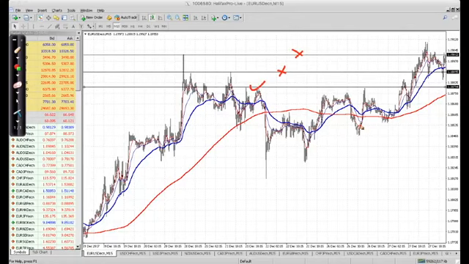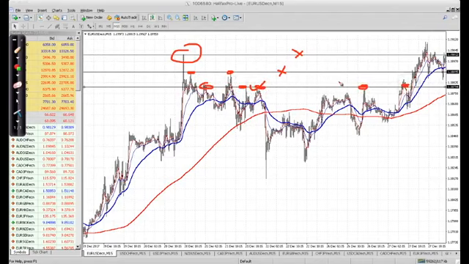I draw the line of best fit. If I draw it here, it only touches once. If I draw it here, it only touches twice. But when I draw it here, notice it touches once, twice, 3 times, 4 times, 5 times.